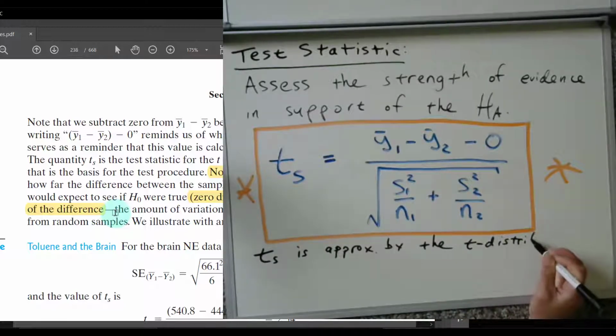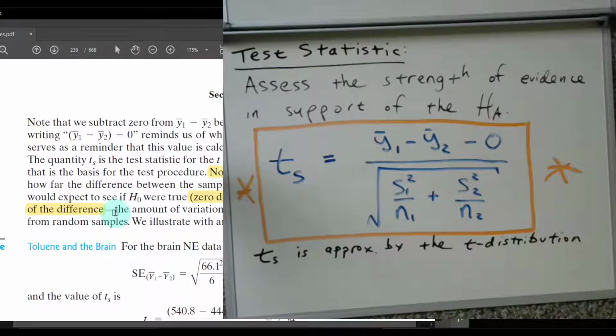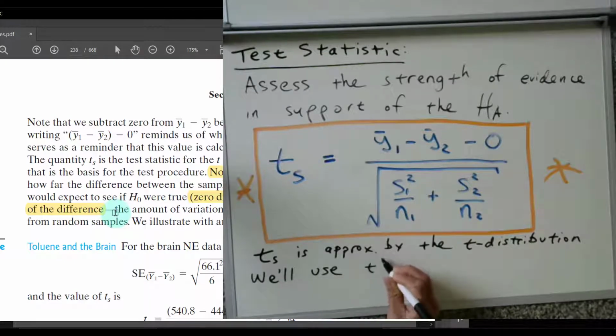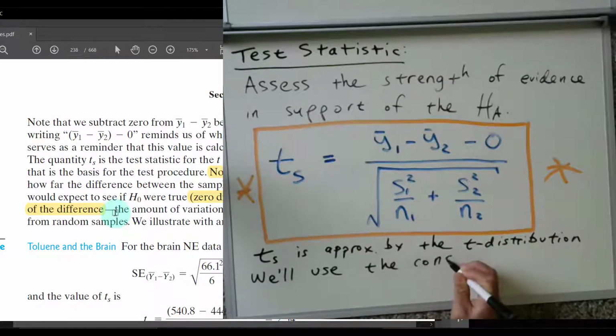There's not just one of those. We need to talk about the appropriate degrees of freedom. There is the intense Welch-Satterthwaite method for calculating degrees of freedom, and that is most accurate. But we'll use the conservative approach just to be easy.